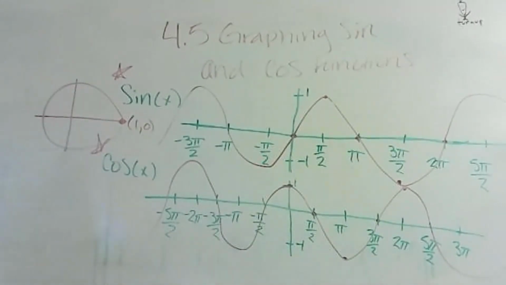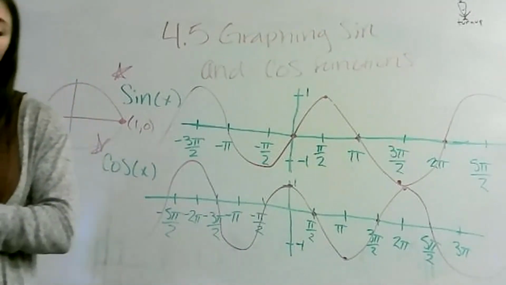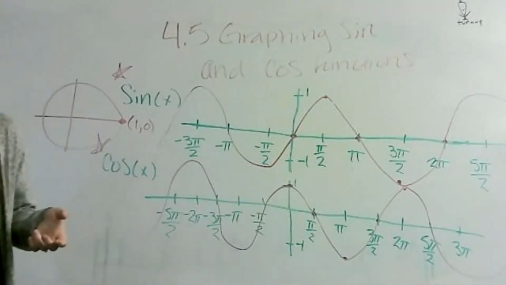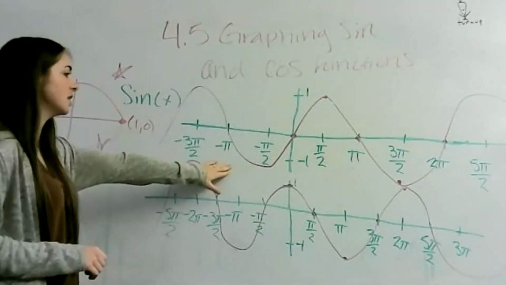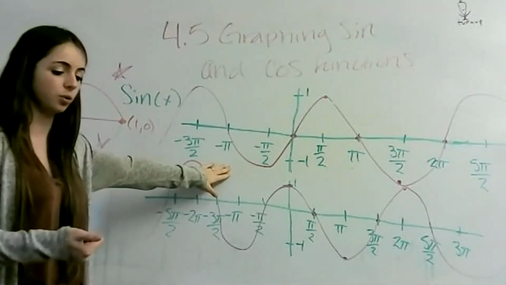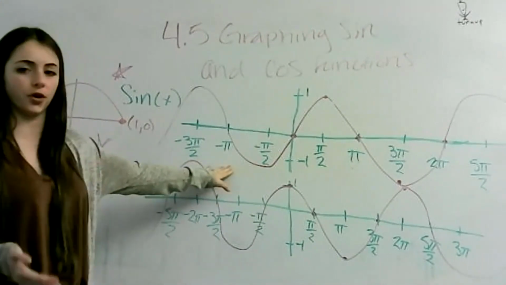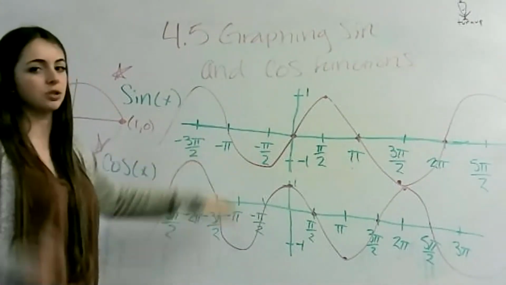Say I gave you 1 + 1/2 sine x divided by 2 + 3 and asked you to graph that. You would take all those different numbers, come back to this normal sine graph and say, what does that +2 do to it? What does it divided by 2 do to it? What does it multiplied by 1/3 do to it? And you make the adjustments to this home base graph.